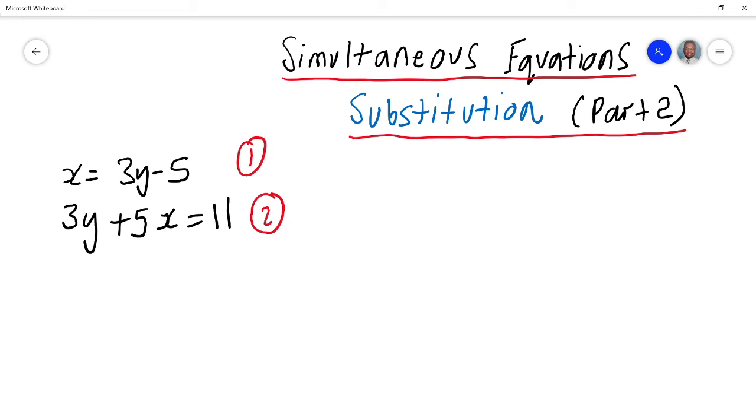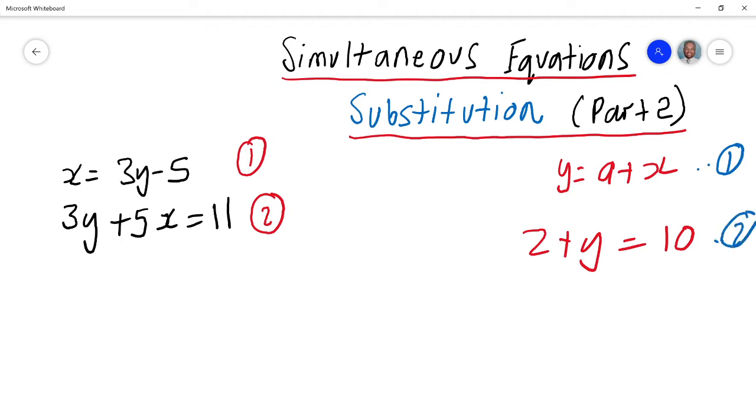So the same example that I used before, suppose we've got y is equal to a plus x, and let's say we've got z plus y is equal to 10, and we want to work out the equation using substitution. Literally, I'm going to put the value of y, which is a plus x, into this expression.